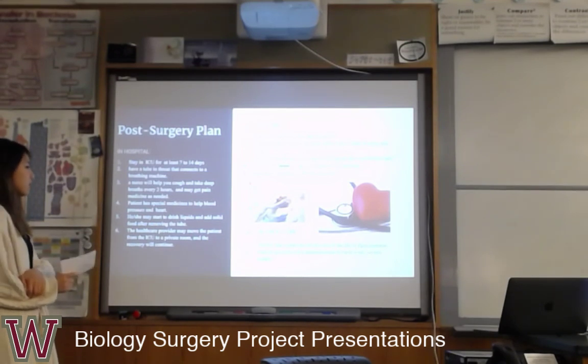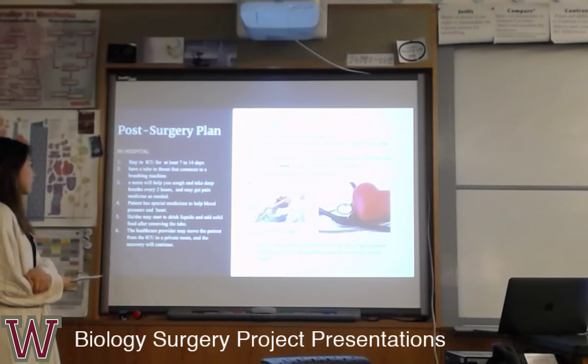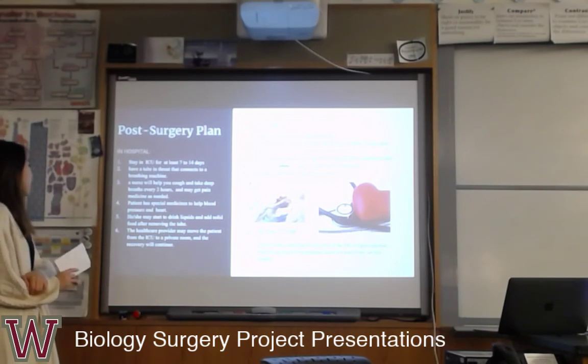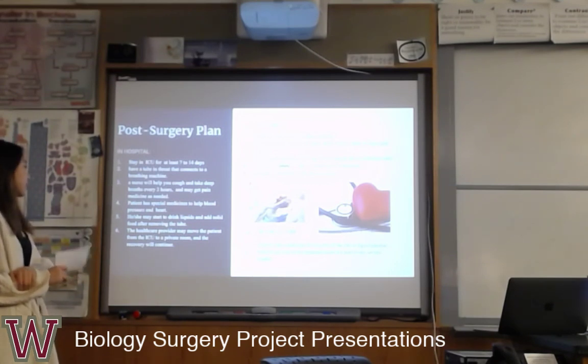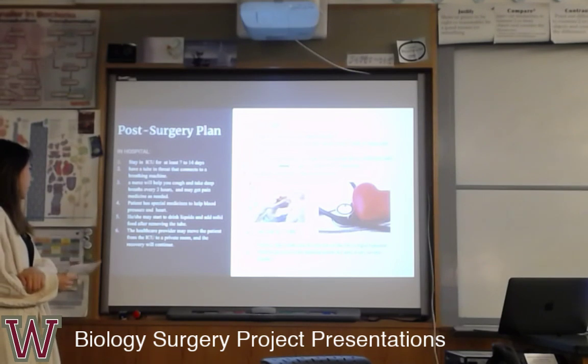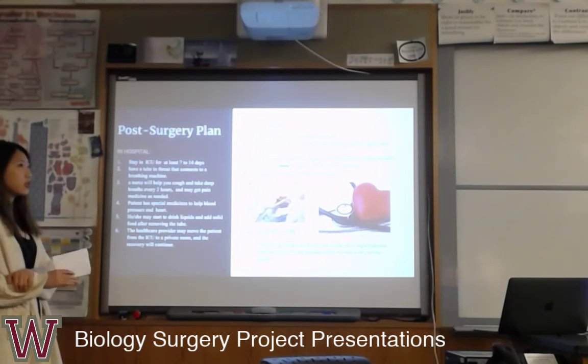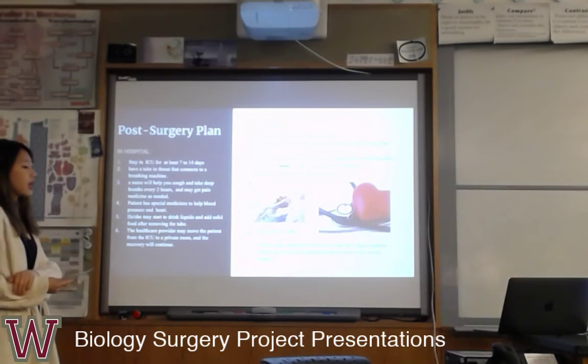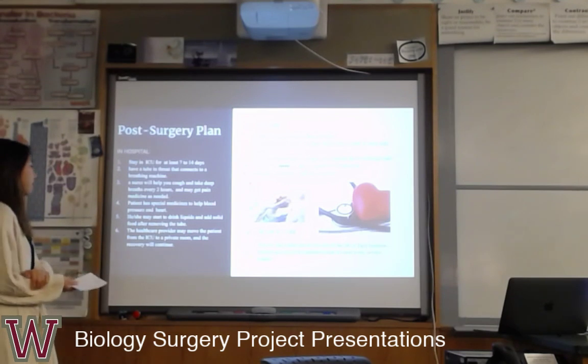In the hospital, the patient gets the most careful care from the nurses and may get pain medicine as needed. The patient also has special medicine to help blood pressure in the heart, because after the surgery the patient may have some blood pressure problems.